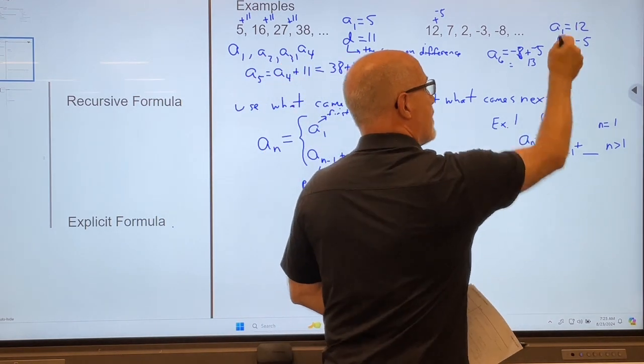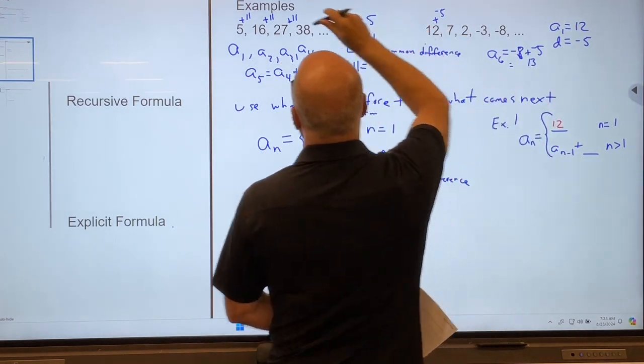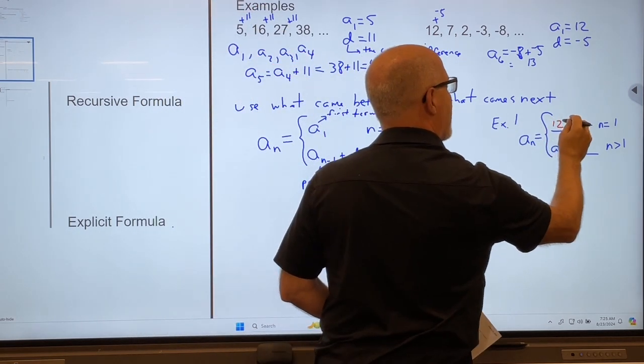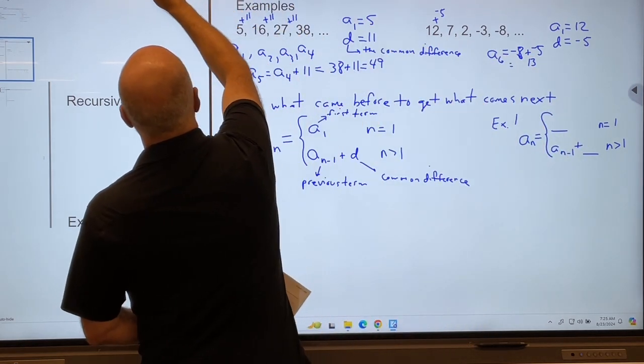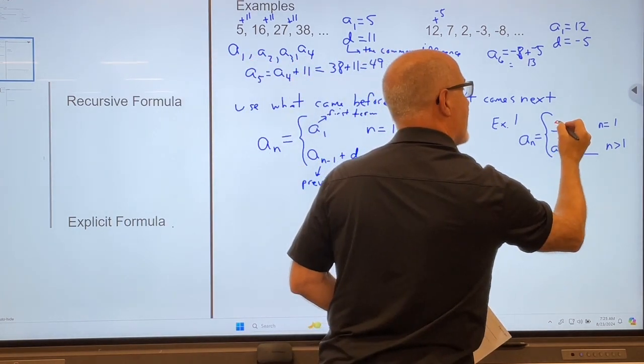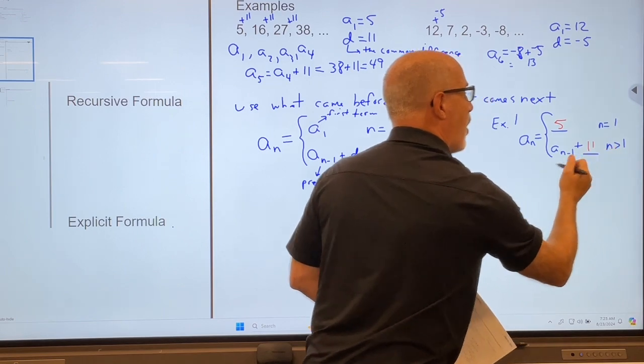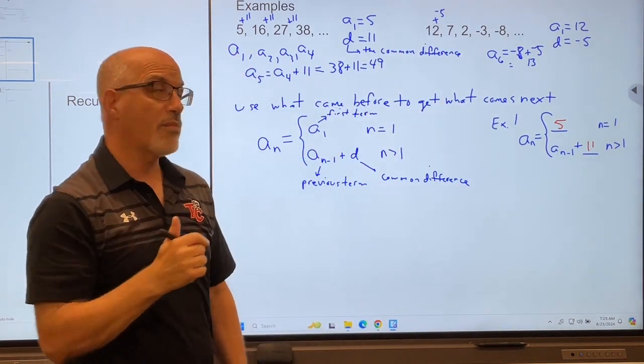The first term is 12. I'm sorry, for example 1, go back to example 1 here. That's example 2. Example 1 here, the first term is 5, and the common difference was 11 each time. So all you have to do is fill in those two blanks.